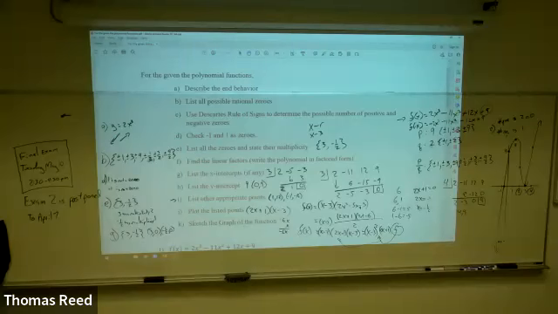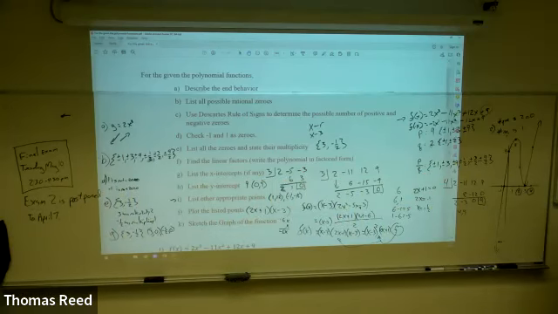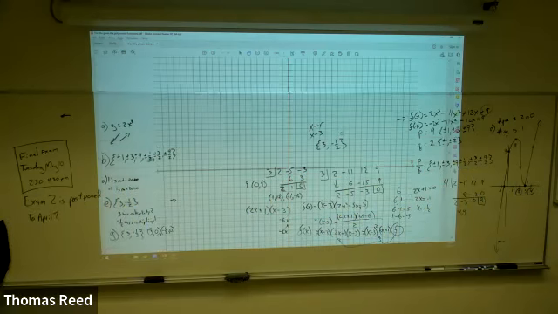I usually plot the points as I find them. My graph is not to scale. On here, you have all these problems, and then you have one graph.